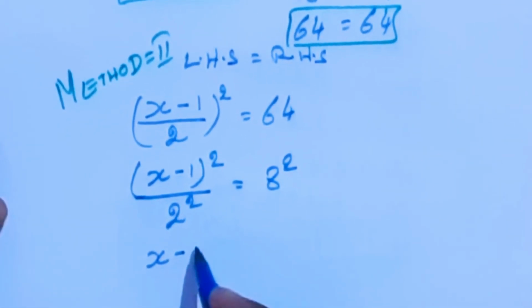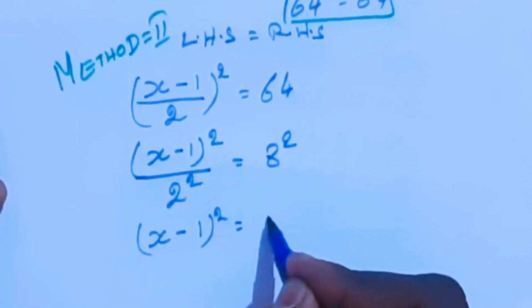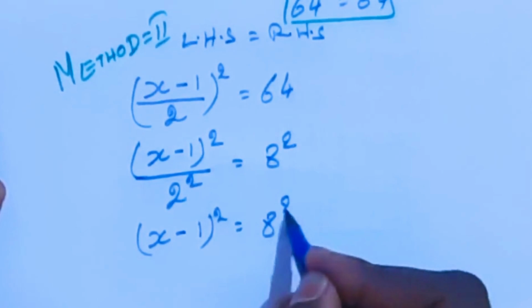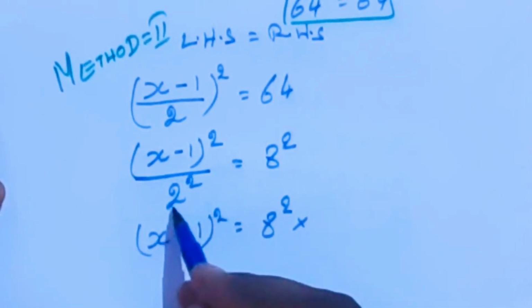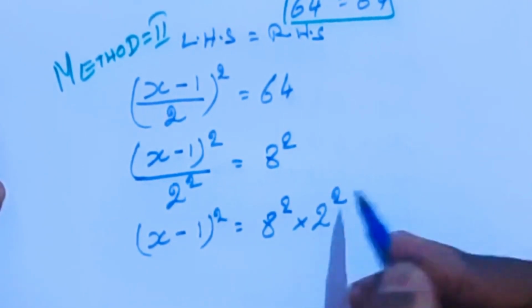Now (x − 1)² equals this 8² times, we are moving this to the right hand side, so 2².